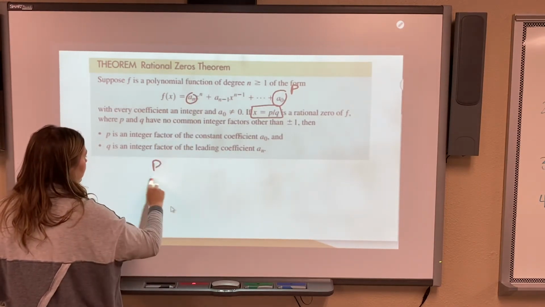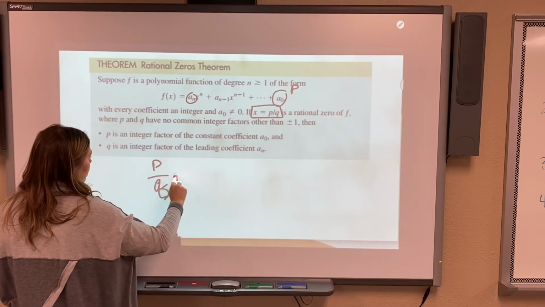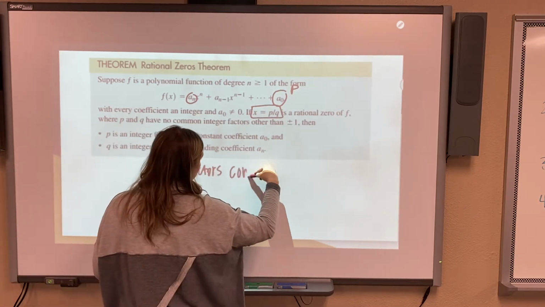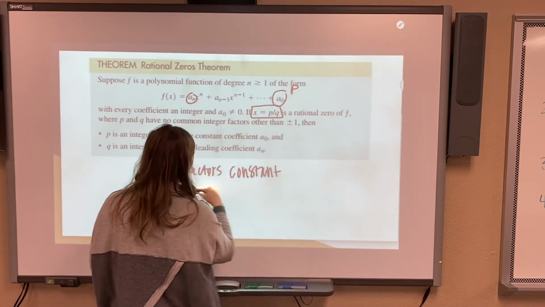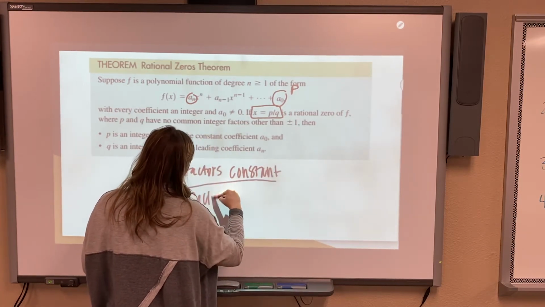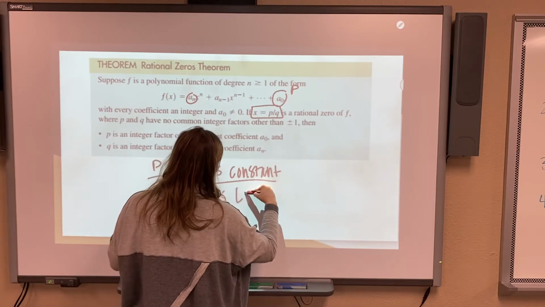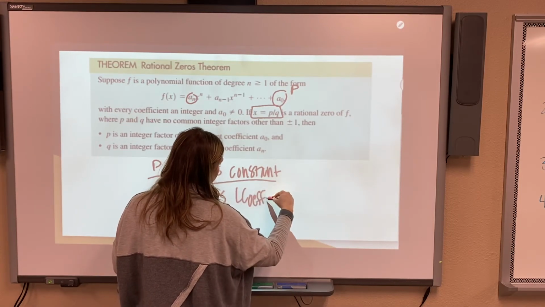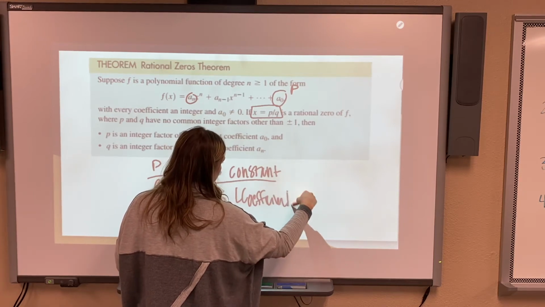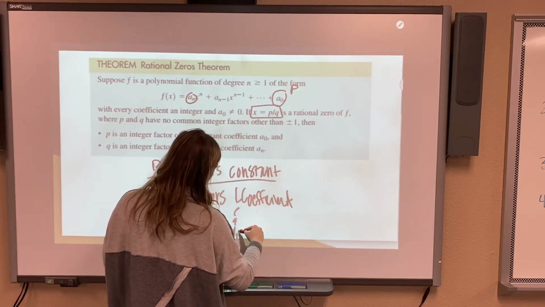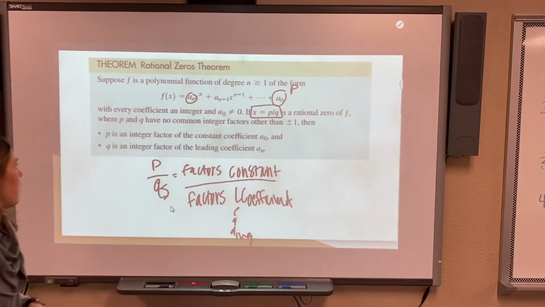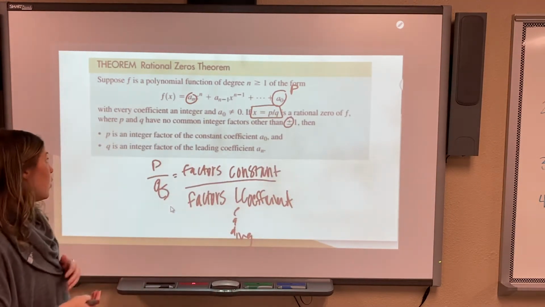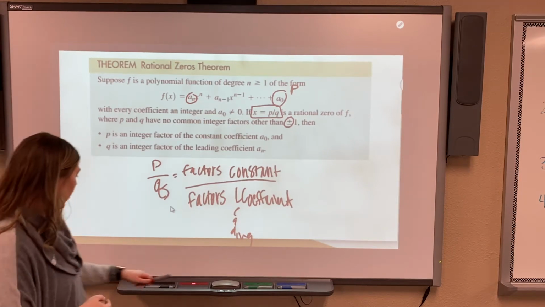So p over q: the factors of your constant over the factors of your leading coefficient. And it's always plus or minus, okay? Because you can have either the positives or the negatives, okay?